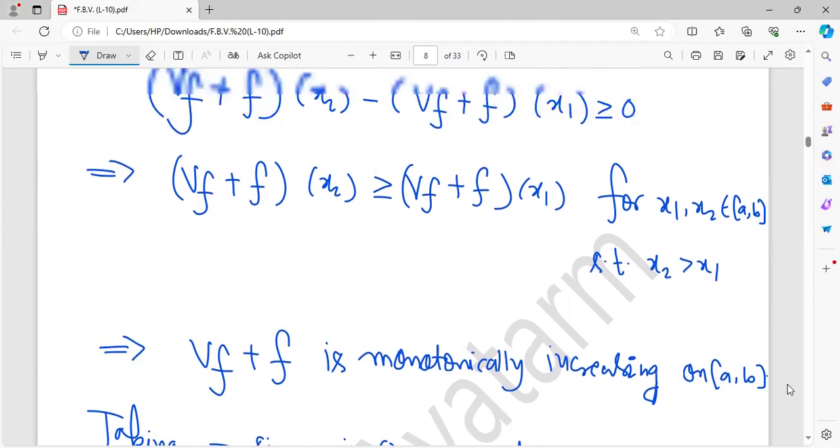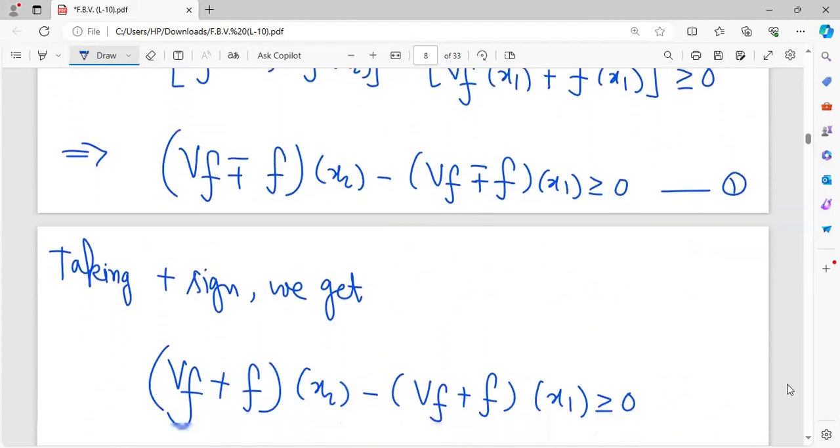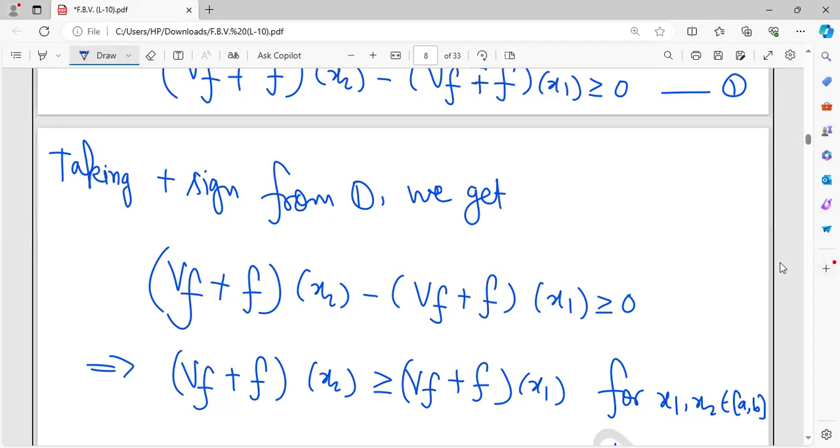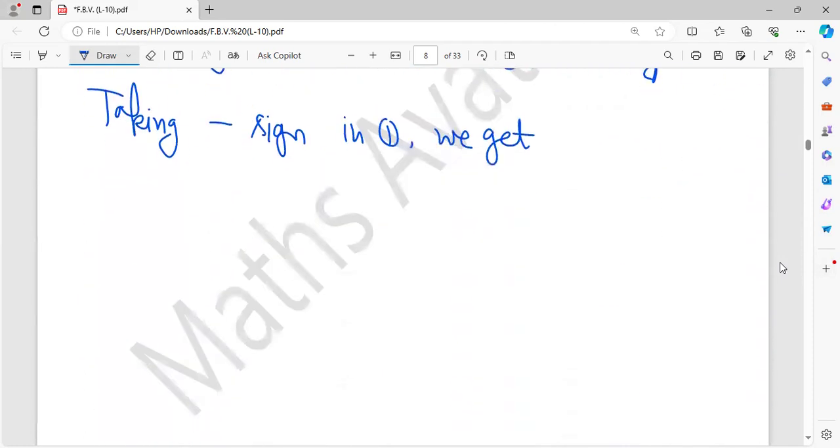So what was equation 1? In the starting we have taken the plus sign from 1, and taking the plus sign from 1, we have proved that V_f plus f is monotonically increasing. Now we are taking the negative sign from 1 and we will prove that V_f minus f is monotonically increasing.